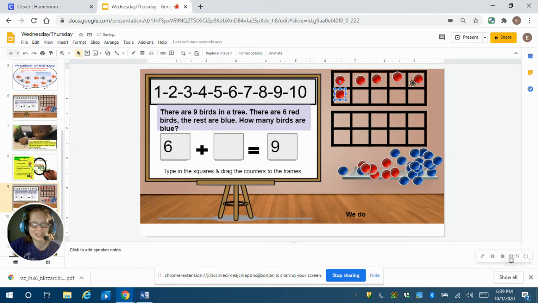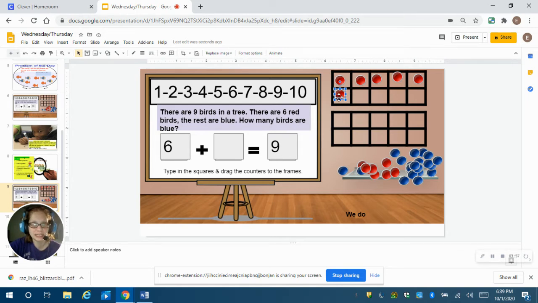I have 6 red birds, but I was told in the number story that there are 9 birds. So, boys and girls, I am going to count from the 6 on until I reach my total, which is 9.